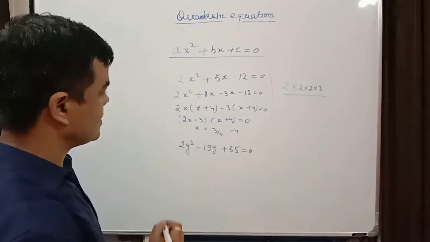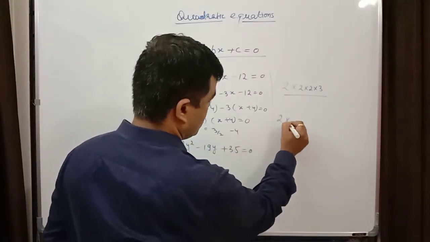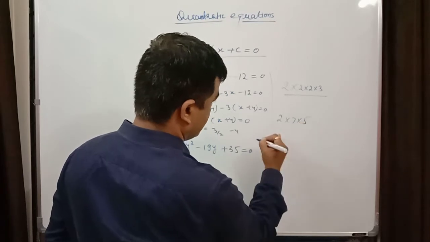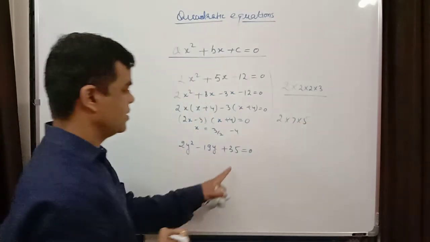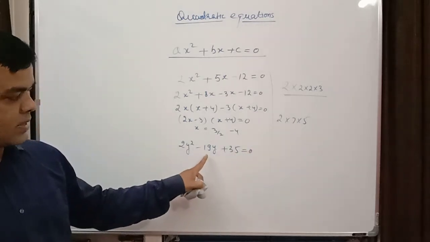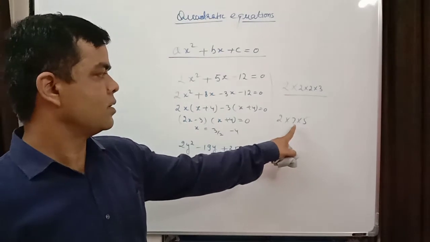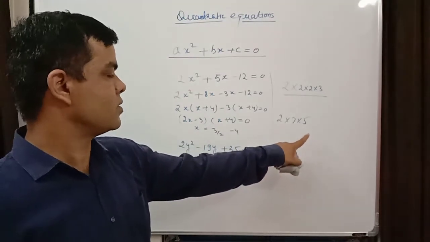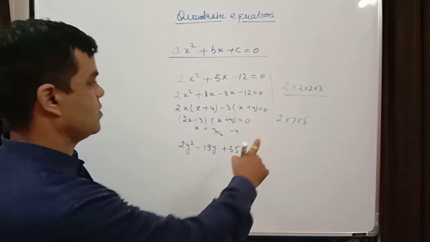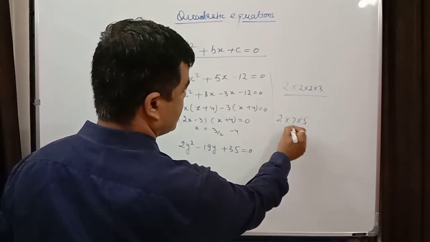So now take the next equation. Do the factorization. 2 into 7 into 5, 2 times 7 times 5 is 35, wait, 2 into 35 is 70. Now you take two numbers whose addition will be 19. Okay. So 7 twos are 14 plus 5 is 19.